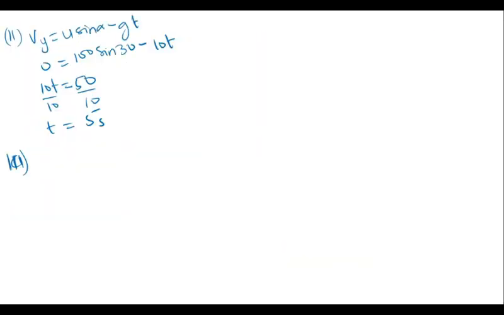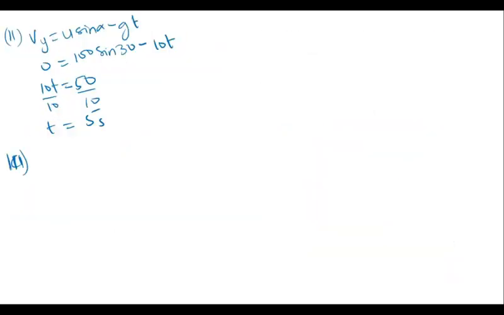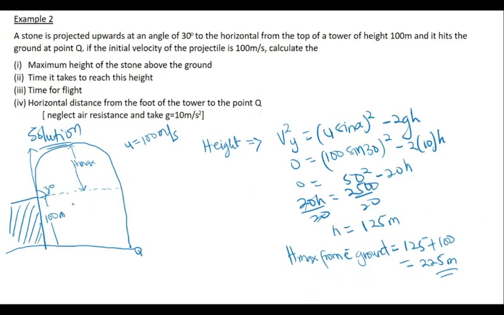Now the third one, the time of flight. Let's first find the time it takes for the particle to come down from the maximum height, and then we add the two.